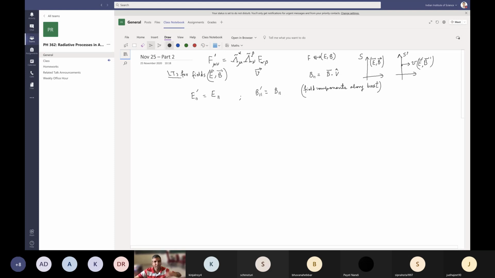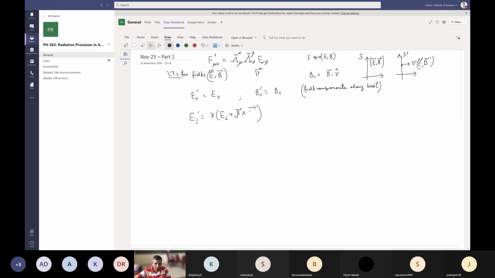If you do all this algebra, you will see that the parallel components of the fields E and B do not change on doing this boost. What about the perpendicular component? E perp prime is equal to gamma times E perp plus beta cross B perp, or beta cross B, because beta cross B parallel is 0. So let me just ignore the perp on B and write it as B.